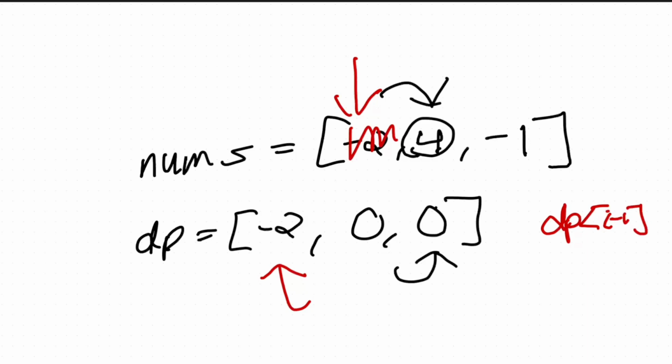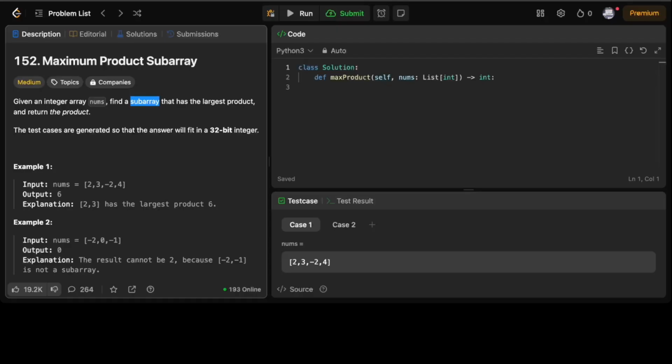We could update this to be 4, which is itself. That's to say the product that came before this isn't bigger than the number itself. Or you could multiply these two, which would become -8. Those are really the only two choices we have here.